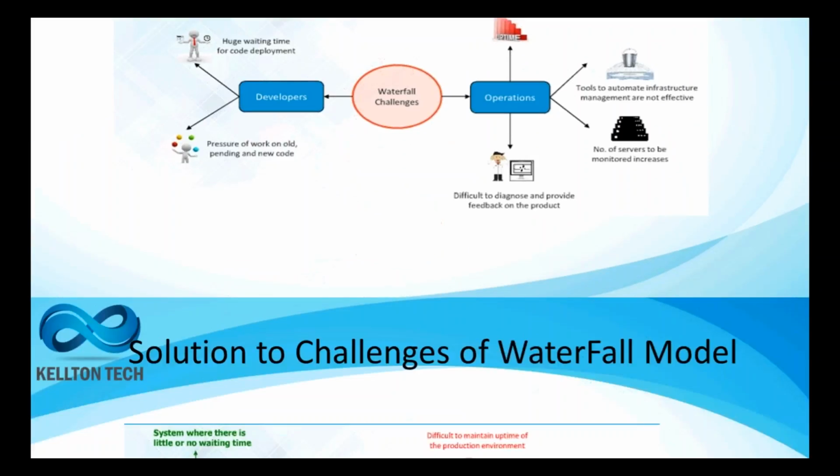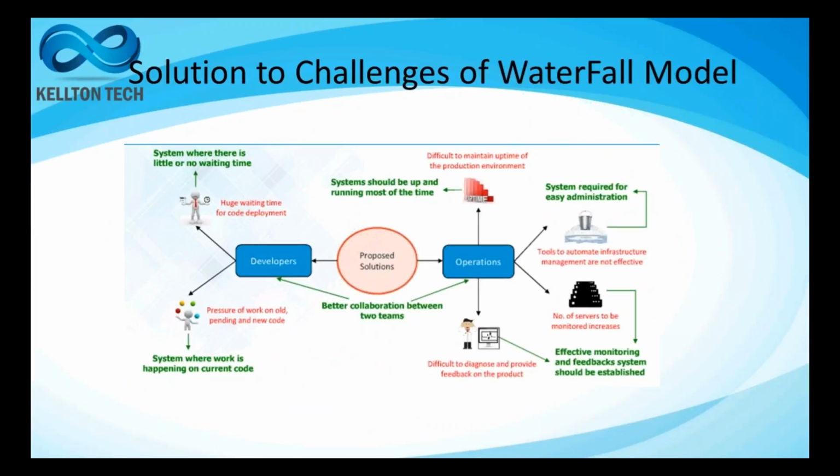So what are the solutions to remediate the challenges of the Waterfall model? Mainly, the solution is to enable code deployment without any delay or wait time, and the work happens on the current code itself.